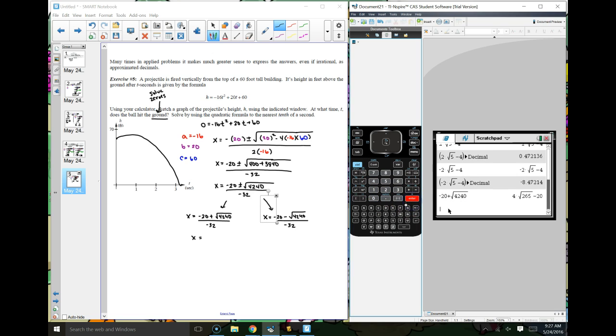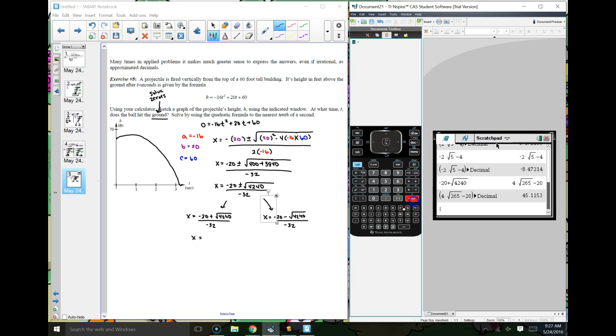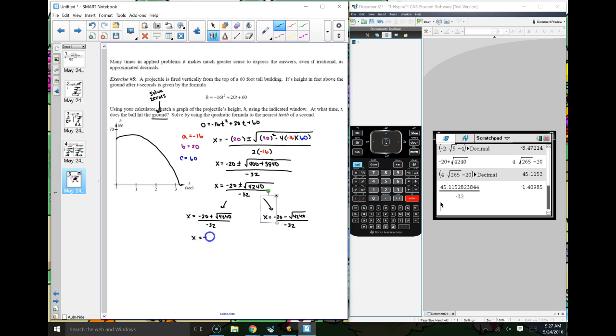That will give me the number on top. Okay, I'm going to hit number, approximate to a decimal, convert to a decimal, hit enter. So I get 45.1153, but I still have to divide it by negative 32. So I'm going to divide that by negative 32, and I get negative 1.409, so it's negative 1.4.